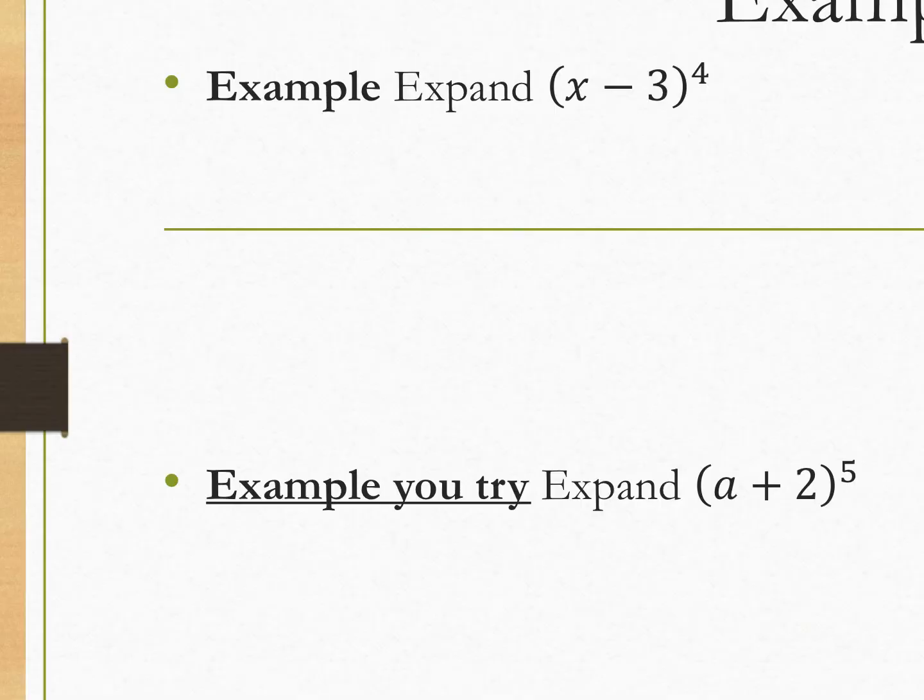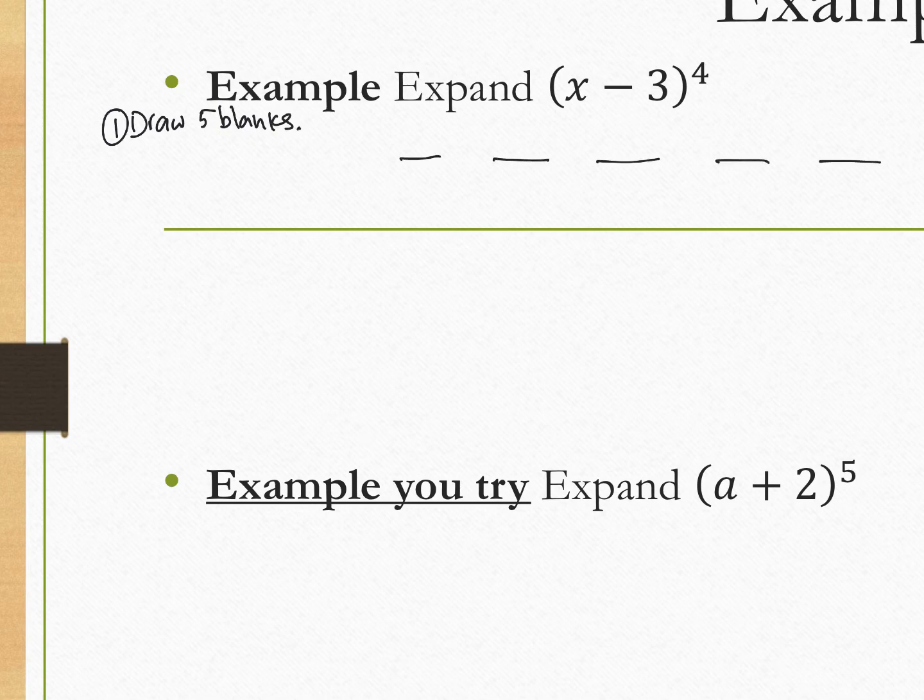Okay, so let's try some examples. We know that there is one more term than the exponent. So the first thing we're going to do in this example is draw 5 blanks: 1, 2, 3, 4, 5. And we're going to place each of the terms of the binomial into each blank.